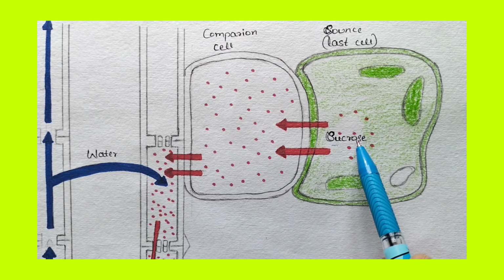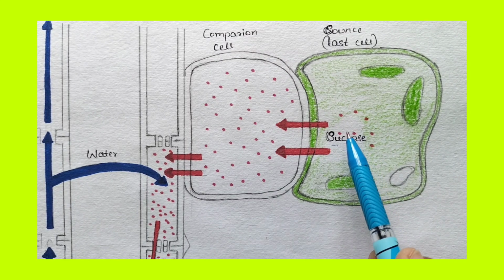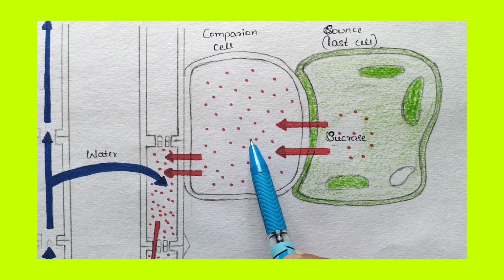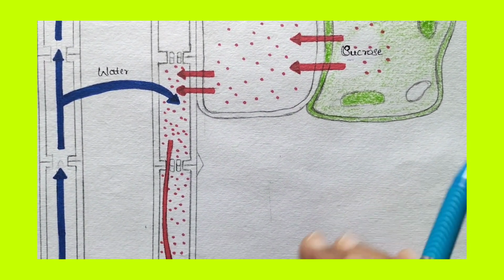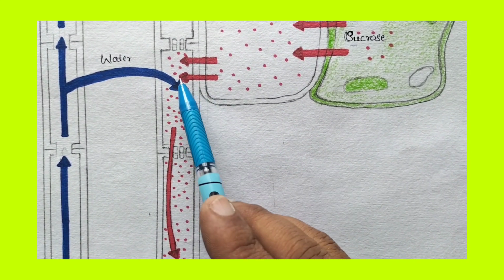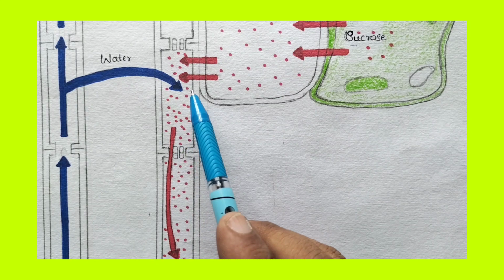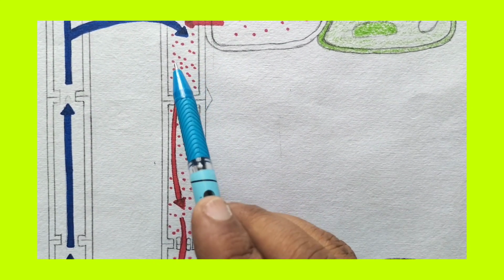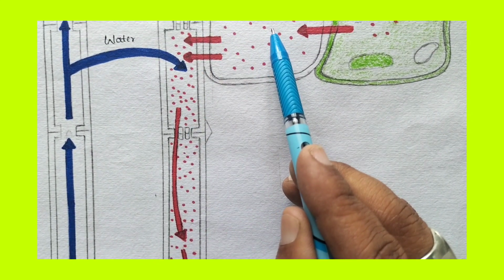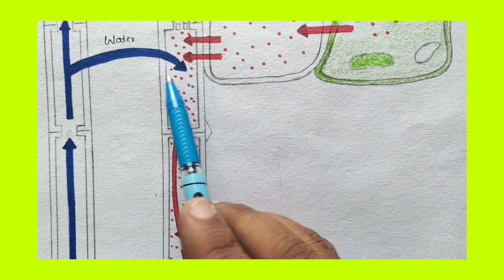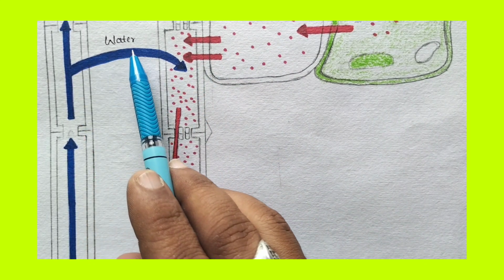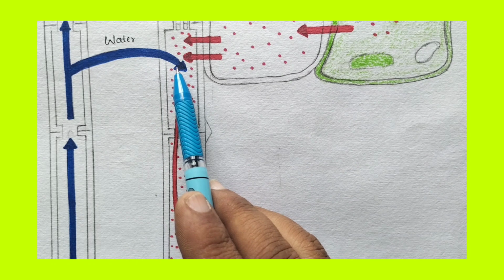By using some ATP of energy, the food, that is sucrose, will move from leaves to companion cells, then from companion cells to sieve tube. So now here in this sieve tube, the concentration of food will be more. At the same time, when food moves from companion cells to sieve tube, water will move from xylem to sieve tube.